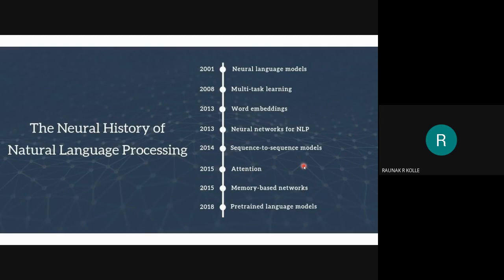The neural history of natural language processing involved neural language models in 2001, multitask learning in 2008, word embeddings in 2013, neural networks for NLP in 2013, the sequence to sequence model in 2014, which we have discussed in the previous lesson, attention in 2015, memory based networks in 2015, and pre trained language models in 2018.